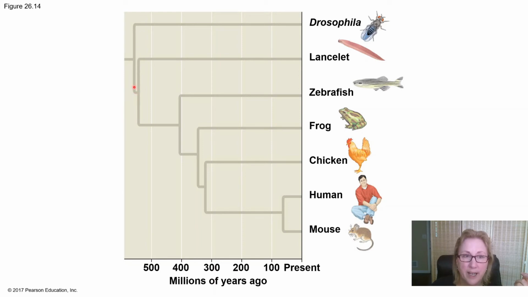So here we have the first chordates appearing during the Cambrian explosion, and we still have organisms that are very much like those first chordates that still live today. Then the first vertebrates appeared about 400 million years ago, and they were bony fish. The first amphibians, about 350 million years ago.